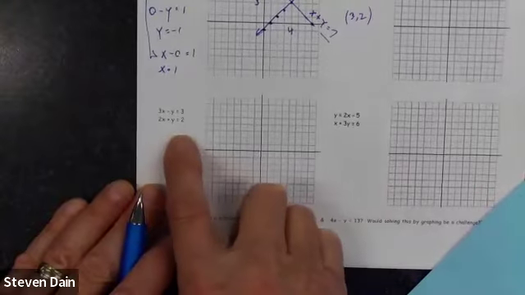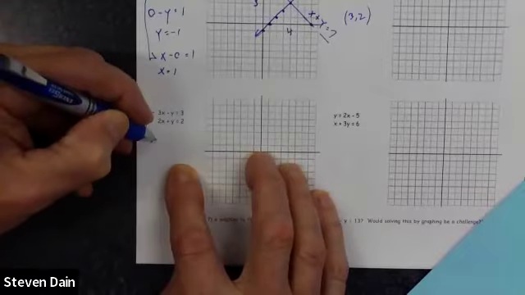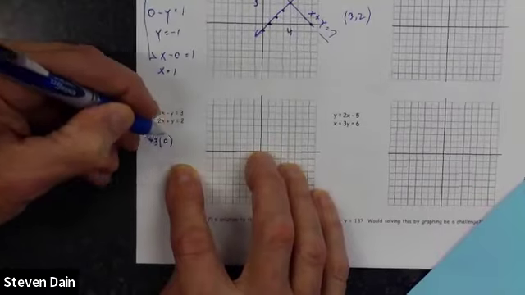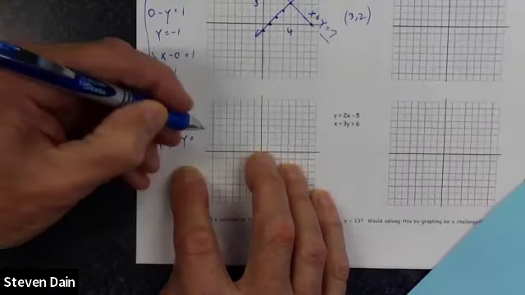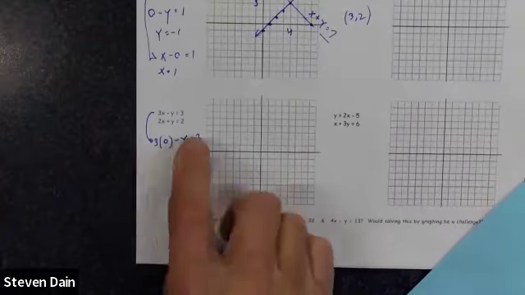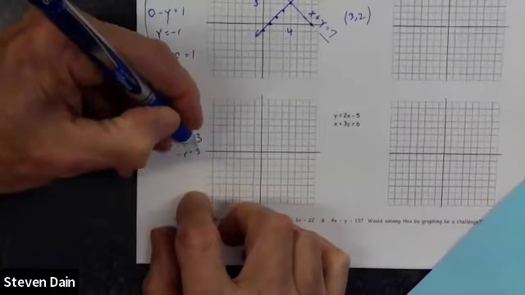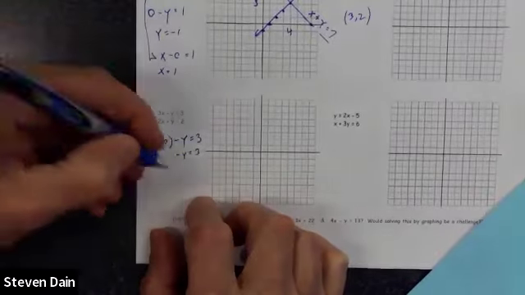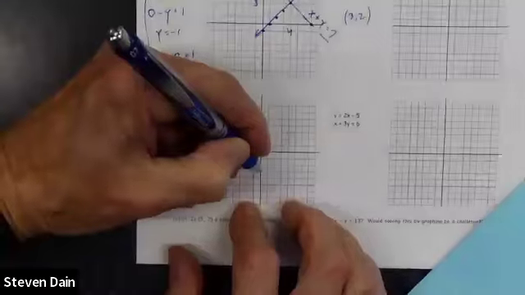And both of these are in standard form. So for this top equation, if I plug in 0 for x and solve for y, this part disappears. It says minus y equals 3, and if I multiply both sides by negative 1, I get the y-intercept is negative 3.